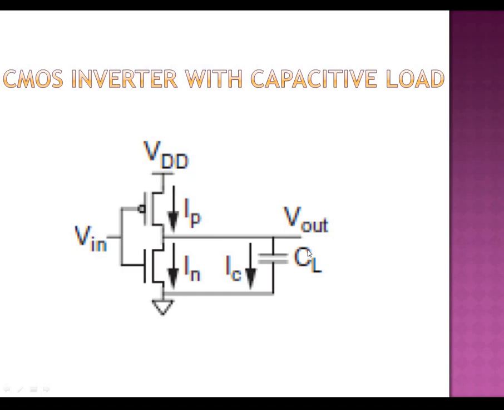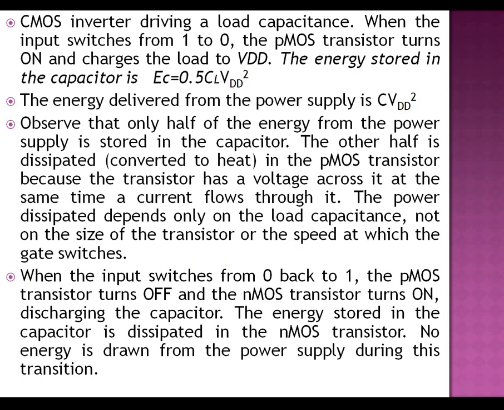If I connect a load capacitor across the output, then we can see the charging and discharging of the load capacitor as and when the output changes from logic 0 to logic 1 and logic 1 to logic 0. If I connect a load capacitor, the energy delivered from the power supply is CVDD square, and the energy stored in the capacitor is half CVDD square.